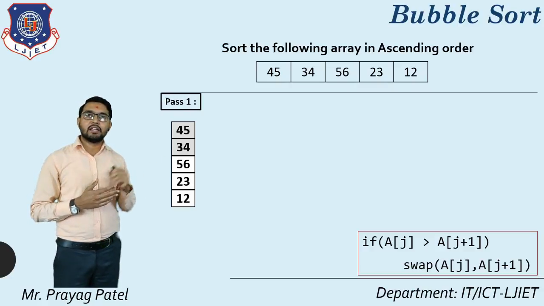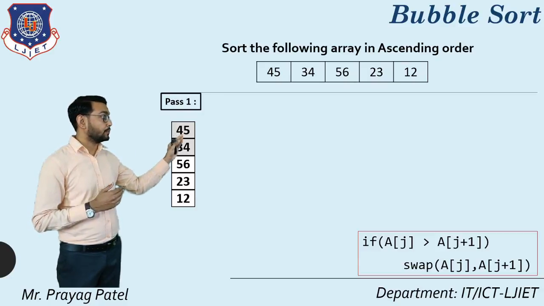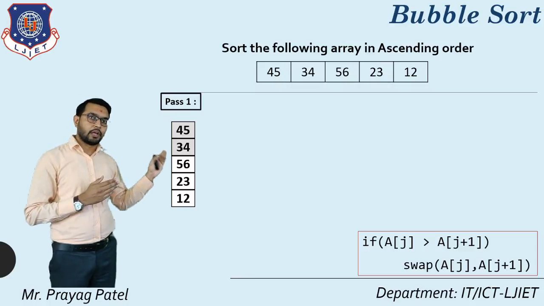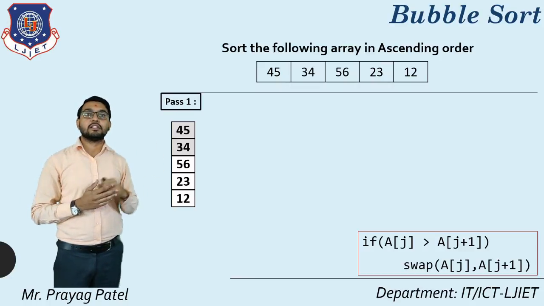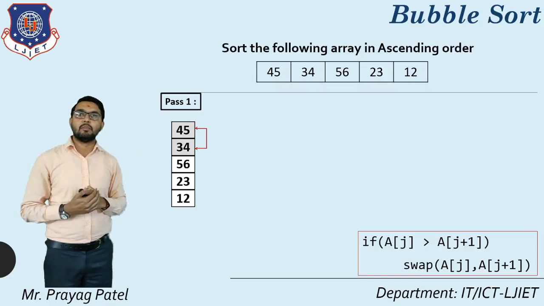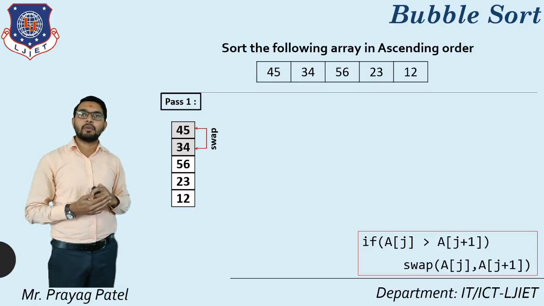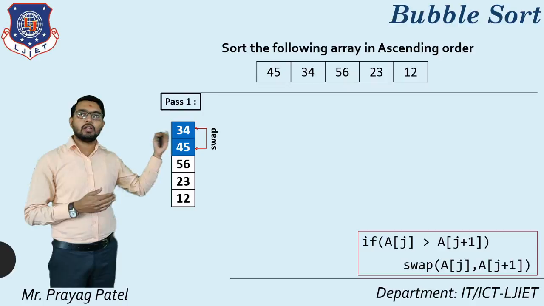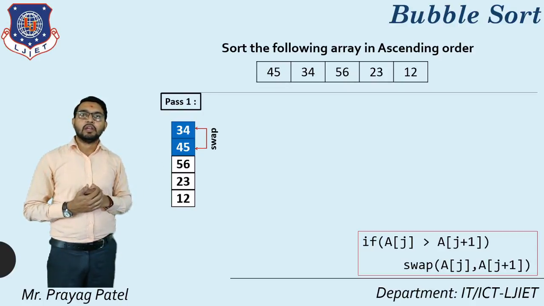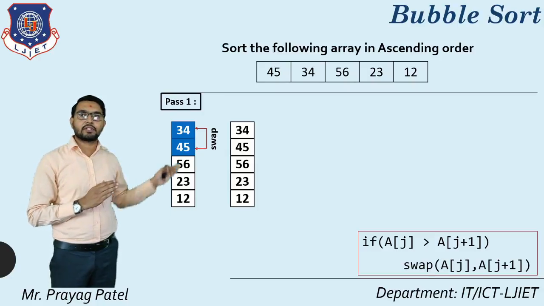Now check the condition: a of j, 45, is greater than a of j plus 1, 34. So 45 is greater than 34. Yes, then swap a of j with a of j plus 1. So swap these two elements. Here the 45 and 34 elements are swapped. So first we put the 34, then we put the 45 after swapping these two elements. Now in the next step we consider the element as the first step.